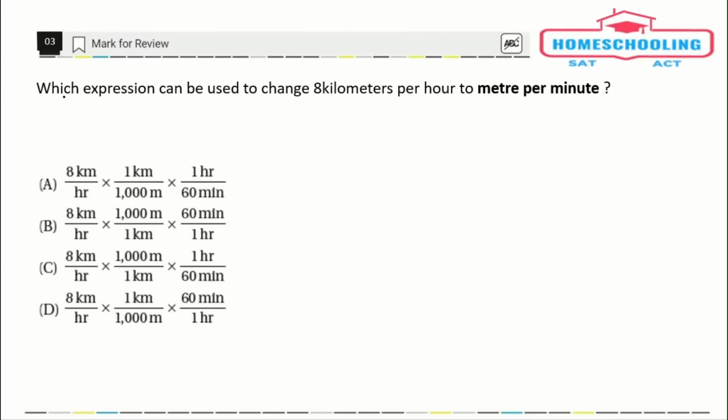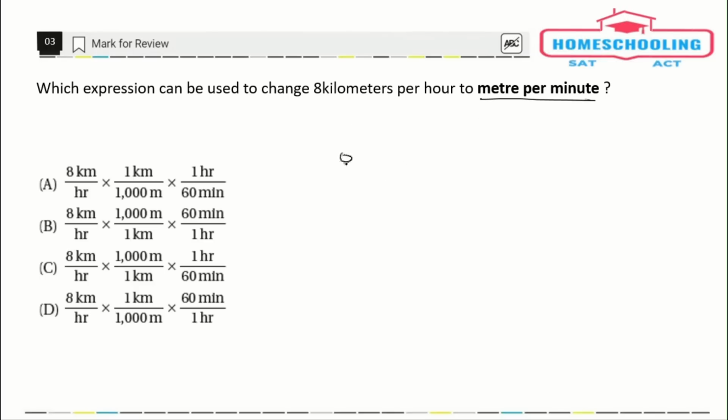The question says: which expression can be used to change 8 kilometer per hour to meter per minute? There are two methods to solve this type of question. First I'll go with the basic method.